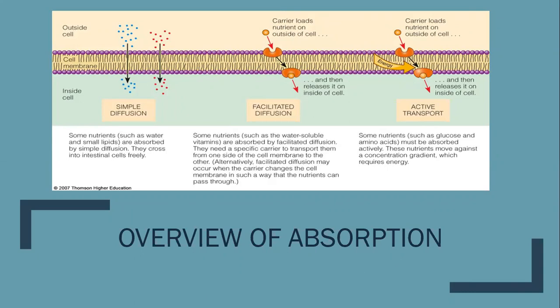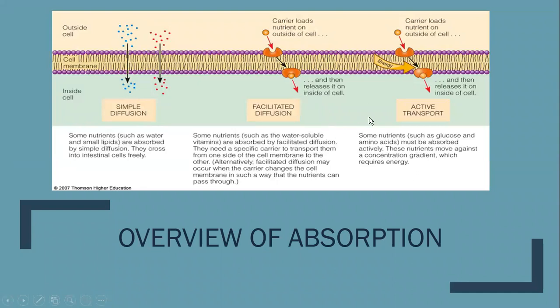As an overview of absorption, we have three different processes that are involved in absorption. We have simple diffusion, which is just things that are able to cross the cell membrane. And imagine if we were looking at one giant cell, this is our cell membrane or that phospholipid bilayer, where things are just able to diffuse freely from one side to the other. We have facilitated diffusion, which involves a specific protein transporter, these guys.